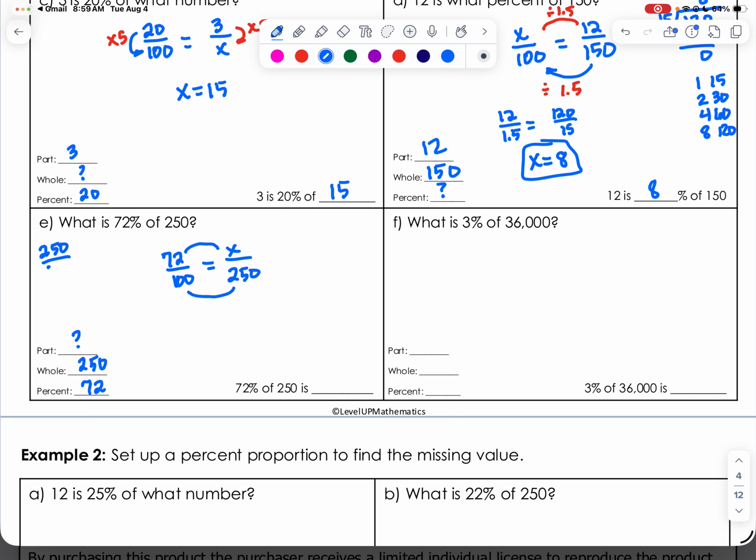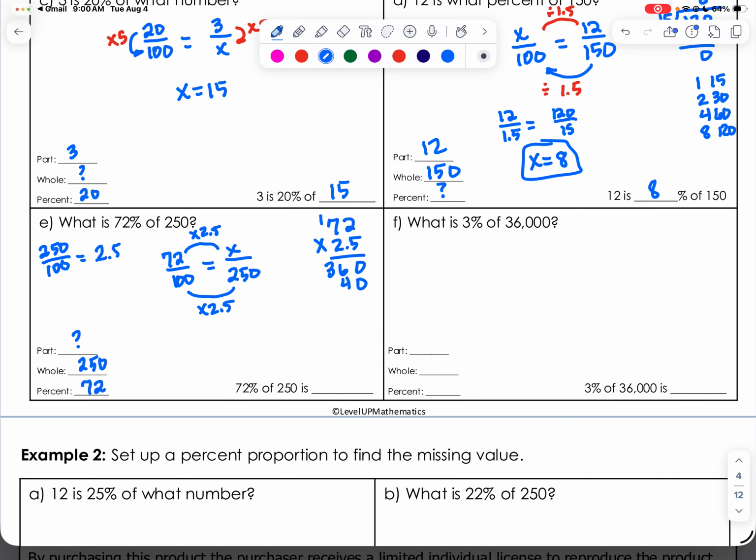So 250 divided by 100, remember, is just 2.5. So I'm multiplying 100 by 2.5 to get to 250. So I must multiply the top by 2.5. So 72 times 2.5. 2 times 5 is 10. Carry the 1. 36. 0.